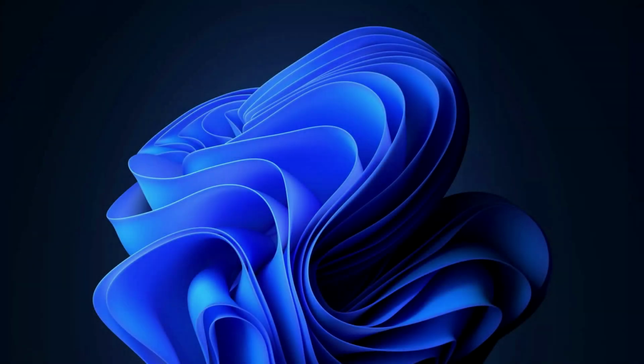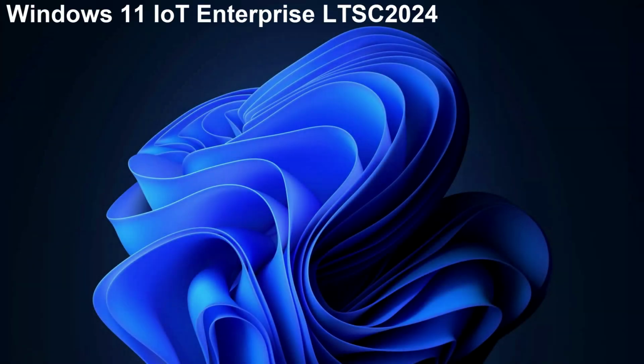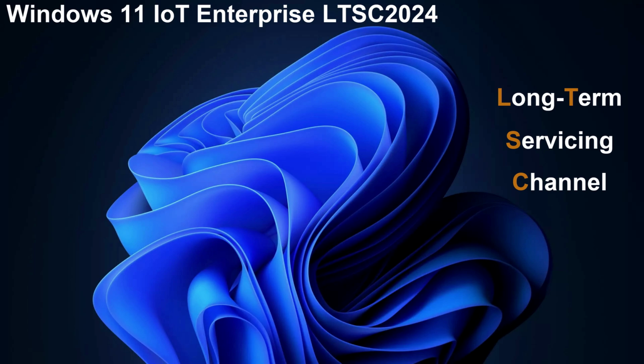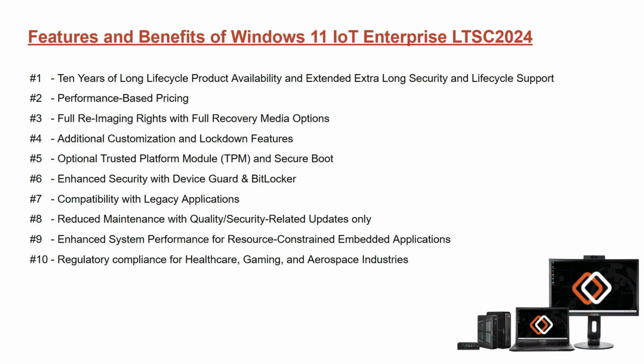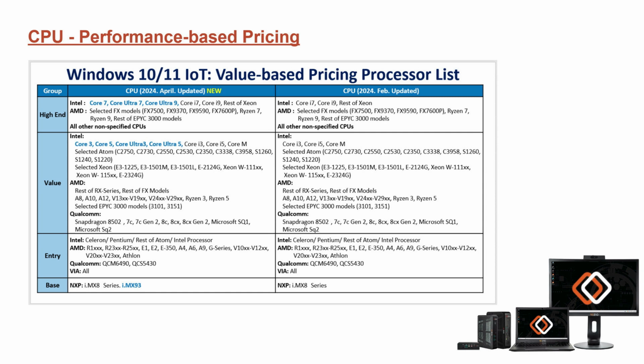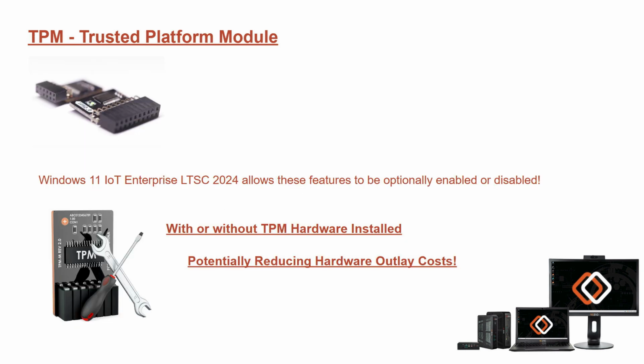This concludes today's presentation on discovering Windows 11 IoT Enterprise LTSC 2024 on Tenzing Thin Clients. We gave you an overview of Windows 11 IoT Enterprise LTSC 2024, its features and benefits including performance-based license pricing and TPM options.